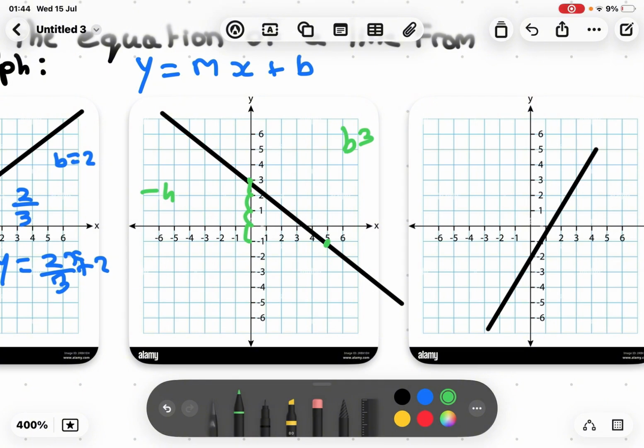And then 1, 2, 3, 4, 5 over 5. And so the equation is this.